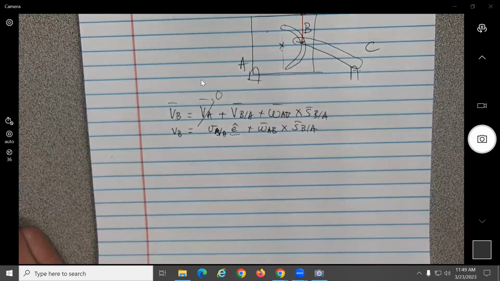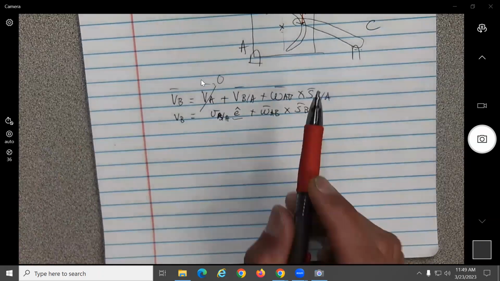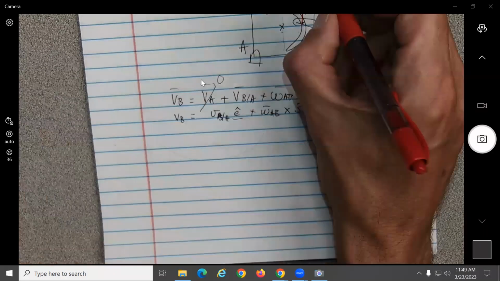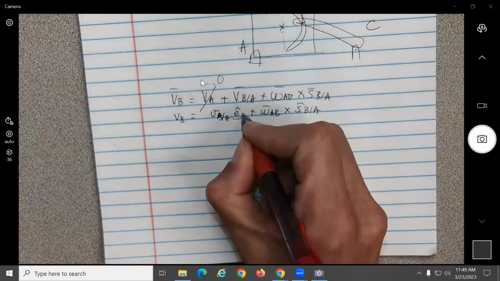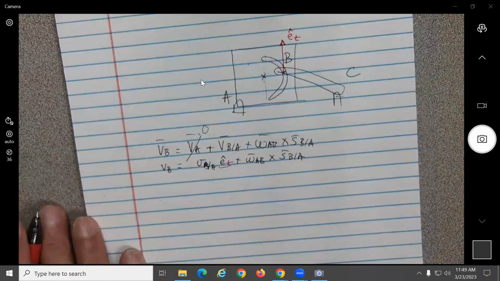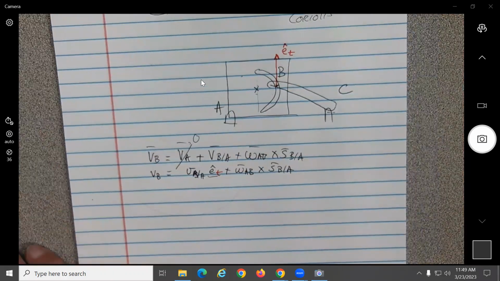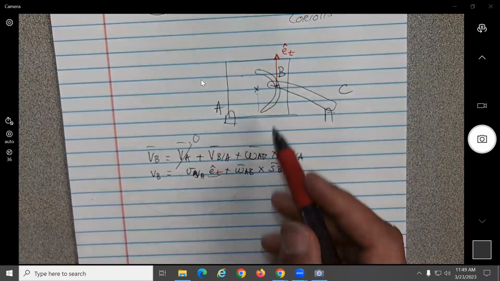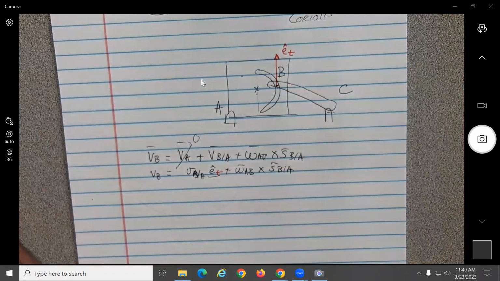How do you find the vector perpendicular to another one? Let's finish this one conceptually. This will be the E tangent, so let's call this one E tangent. You will have to find this one, and in this case it's easy because it's only on the Y.